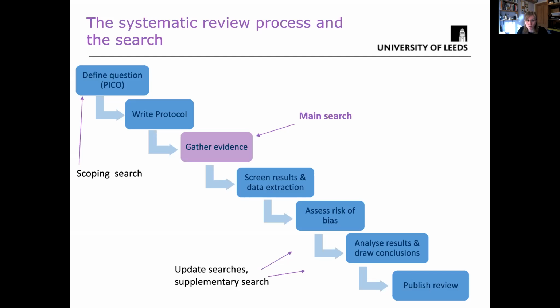So that's a very common feature, and it's surprising how often that does actually throw up 1 or 2 extra studies. You may also do an update search at the end of your review.